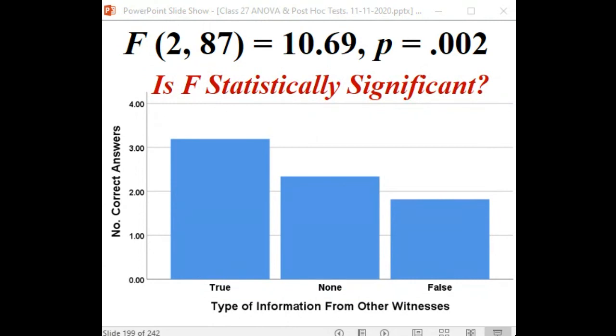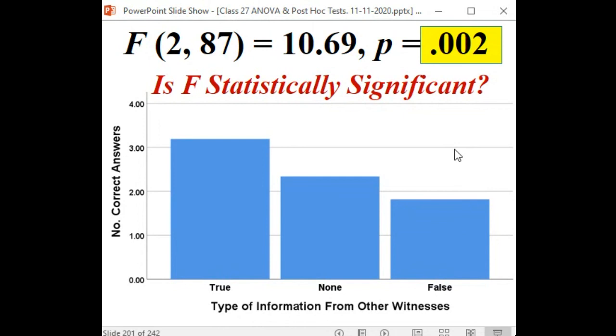Okay, have you decided? Good. Now, here's the answer. F is definitely statistically significant. And there are 2 ways we can tell that. First, F is 10.69. As we learned earlier, F is almost always statistically significant if it's greater than 4.